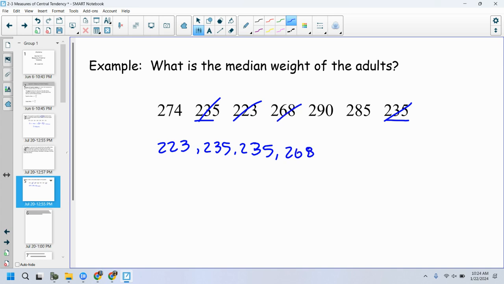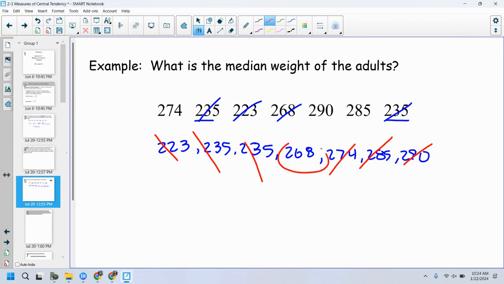And then we got 274, 285, and 290. 1, 2, 3, 4, 5, 6, 7. Again, put them in order. And then we can go from either end and start counting them off. So here we go. Median is 268, right? There's our median, 268.